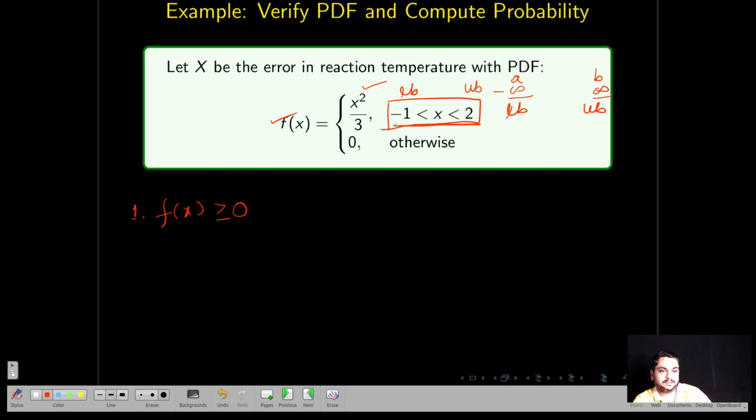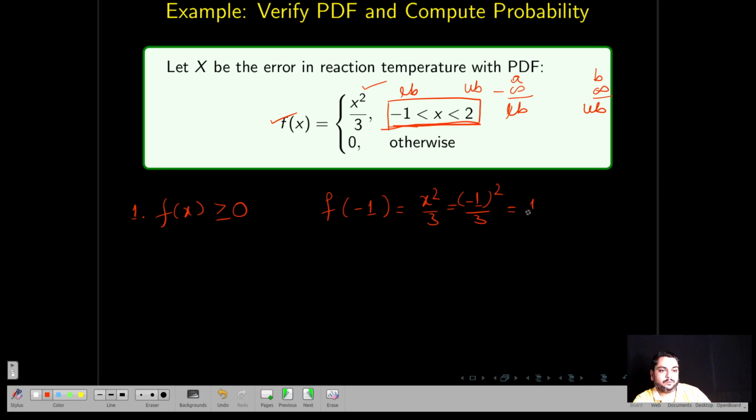So in this interval, minus 1 to 2, you put any values, then you should get f of x greater than 0. Let us say I will put f of minus 1. F of minus 1 is x square by 3, so put minus 1 whole square divided by 3.